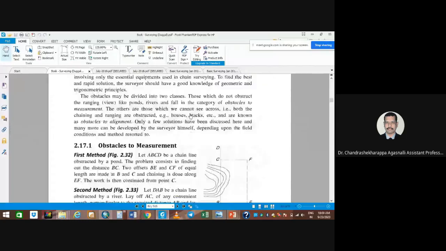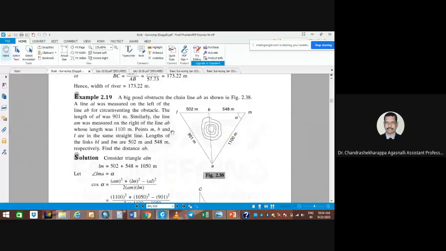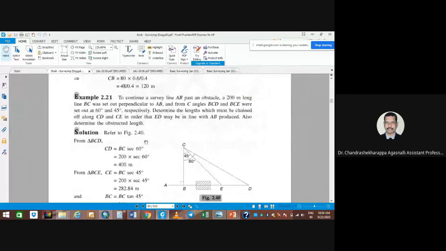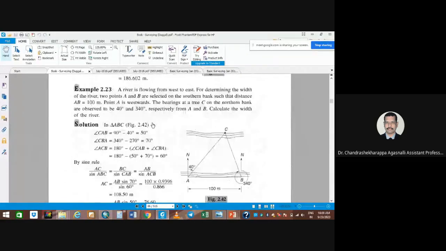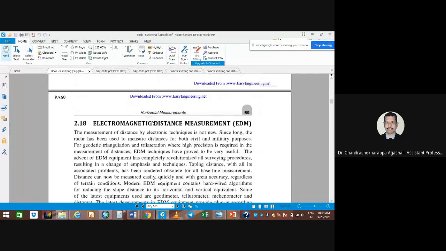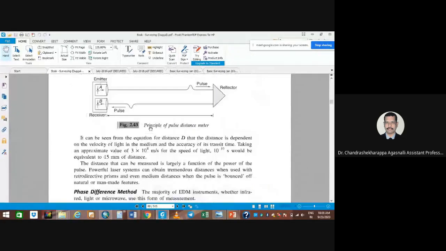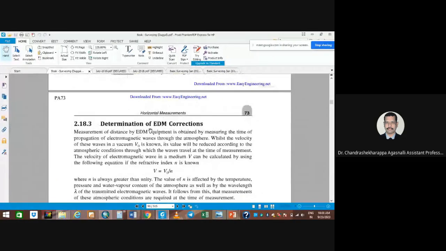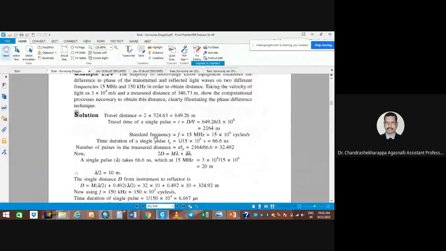Booking data, no chaining. River. Somewhere we have seen this, it's not coming up. In the last class we have shown this river problem, the width of the river. I'm looking for the electronic distance measurement corrections.